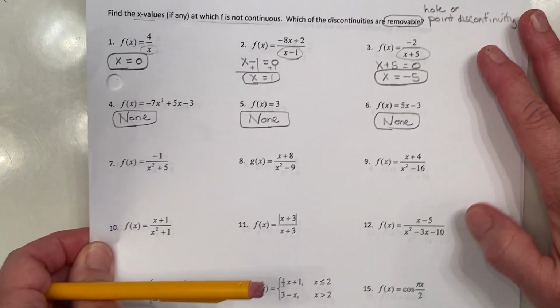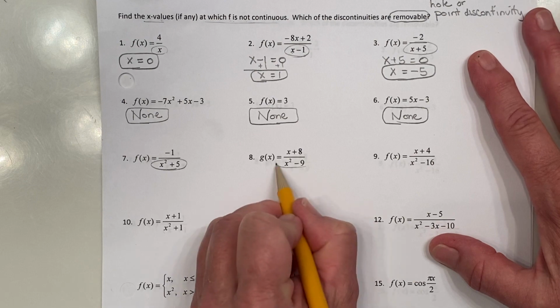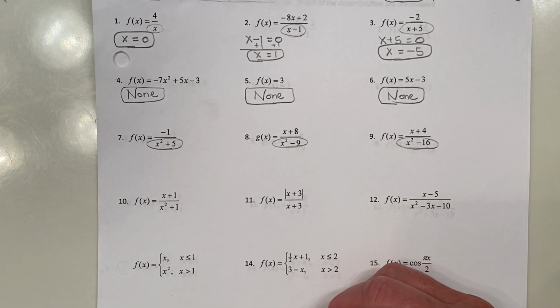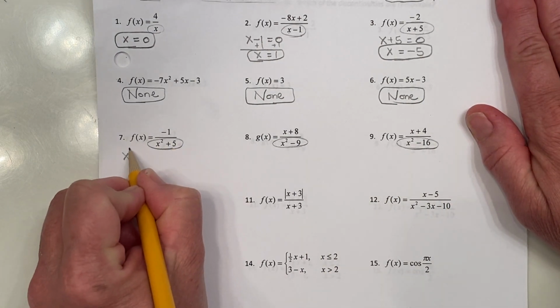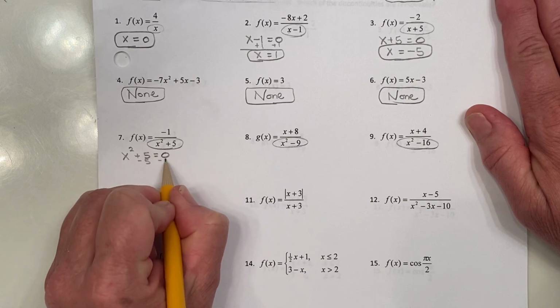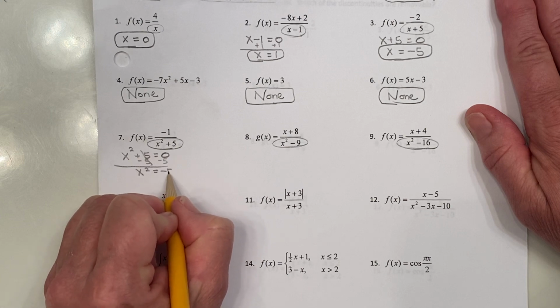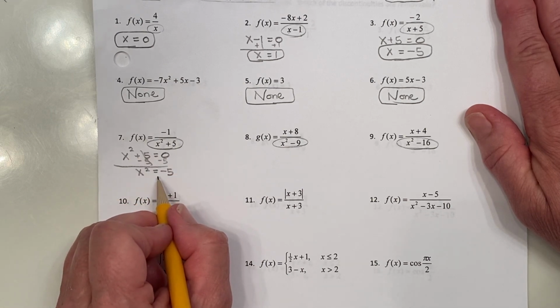All right, let's look at some more rational functions. Those seem to be pretty easy. Okay, 7, 8, and 9 are also rational functions, but it might require a little more algebra in solving the denominator for 0. So let's set x squared plus 5 equal to 0 and see what happens. So subtract 5. Notice we get x squared equals -5. If we bring in the square root, we're going to have an imaginary number.